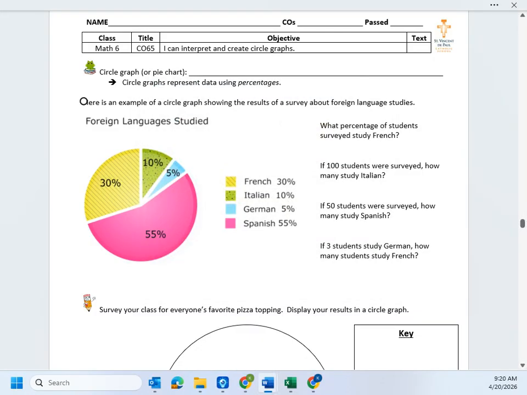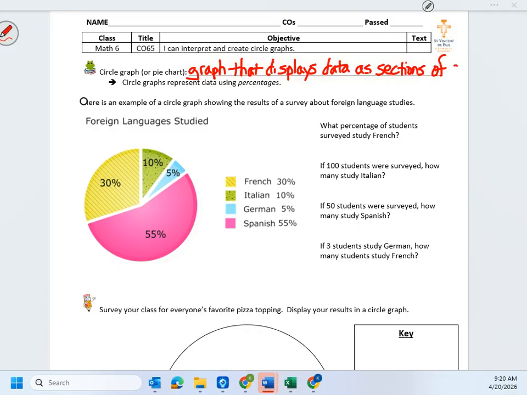Alright, so our circle graph is also called a pie chart. It is a graph that displays data as sections of a circle.